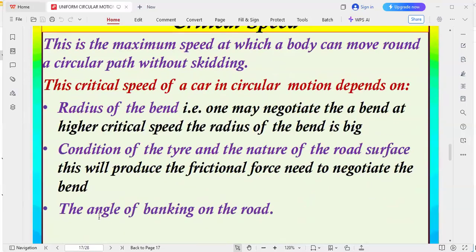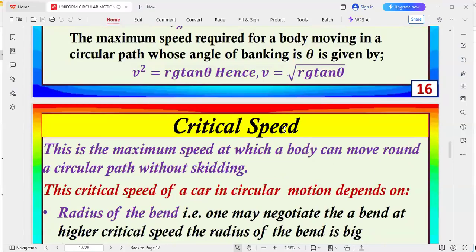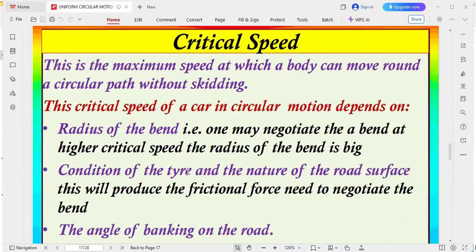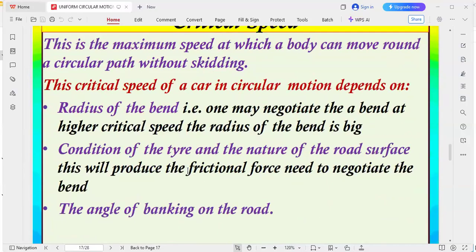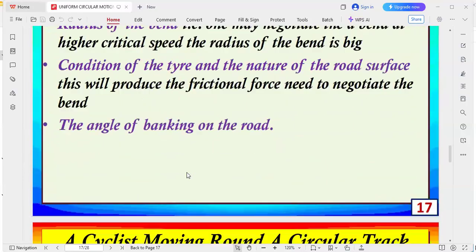Then we also have angle of banking of the road. So once you remember the formula for critical speed, v equals root of rg tan theta, these are the factors: radius of the bend, angle of banking, and of course, the frictional force, which is given by conditions of the tires and nature of the road. Those are the three factors affecting the critical speed.